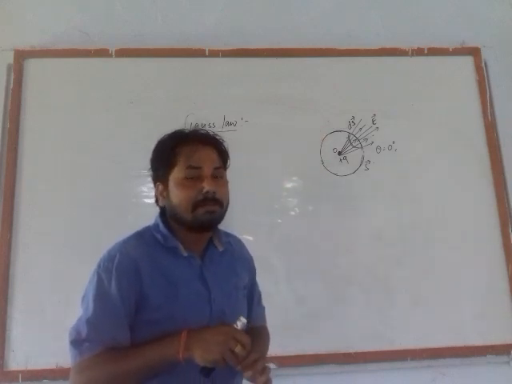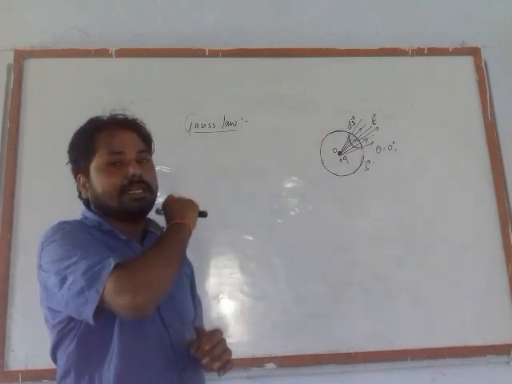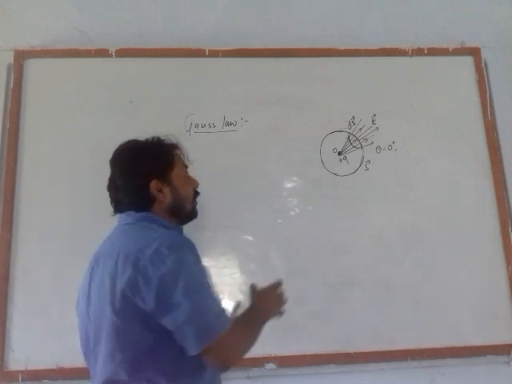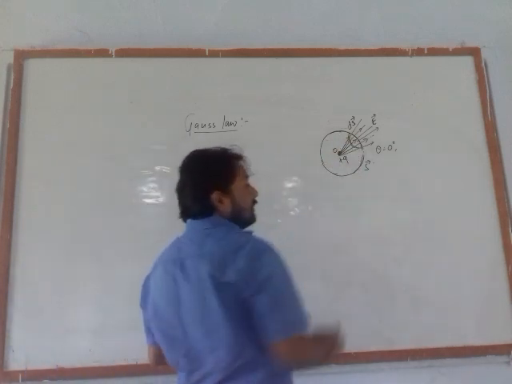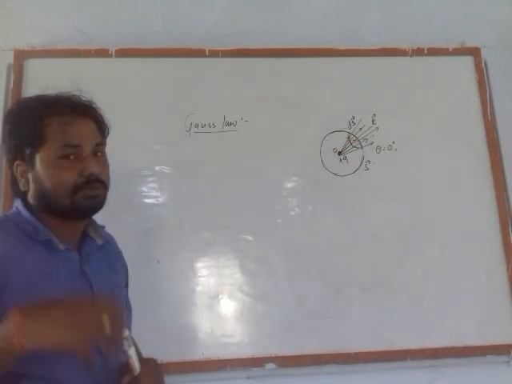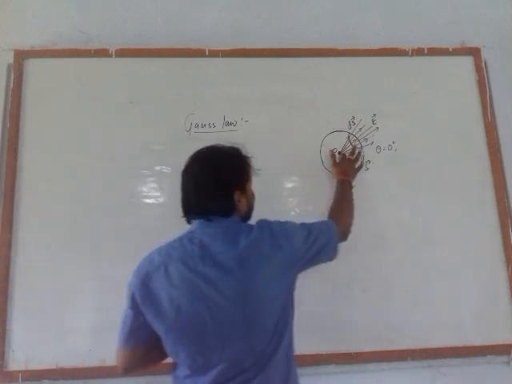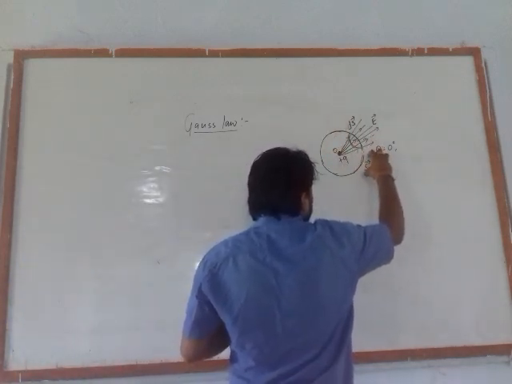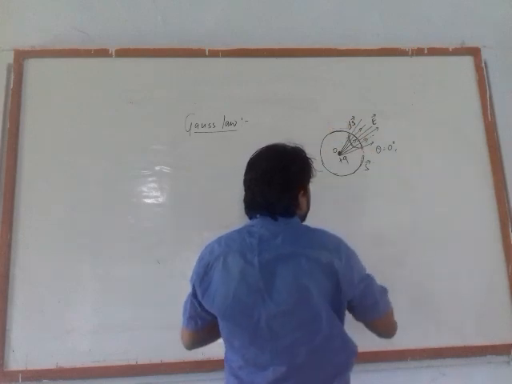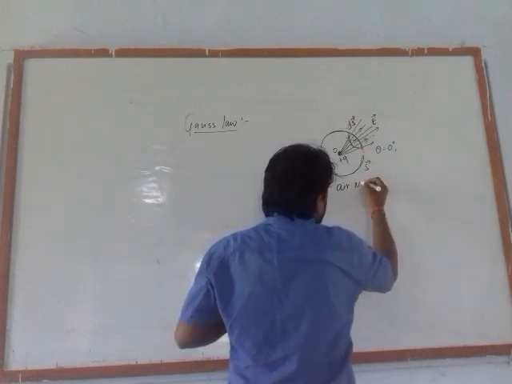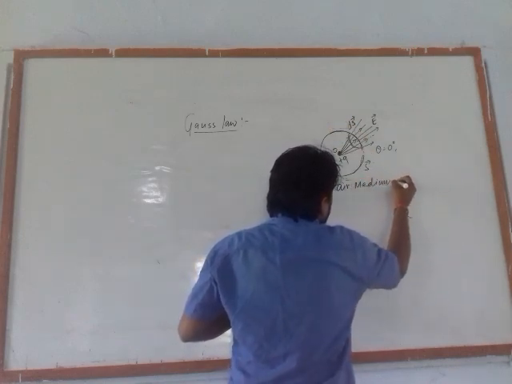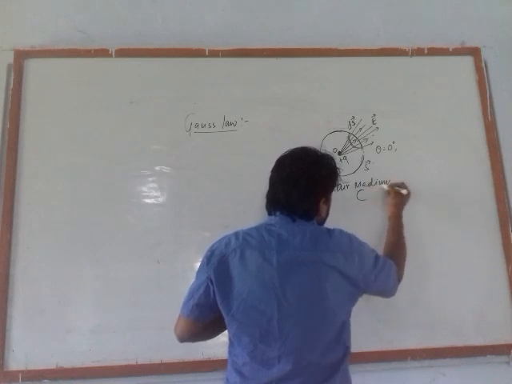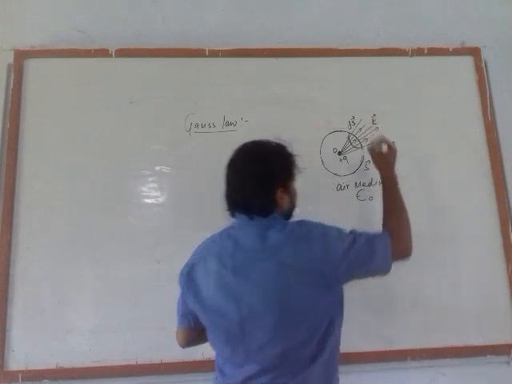Epsilon naught is once again the role of the medium. Whatever medium you are choosing, that medium's permittivity we have to write. Suppose this charge is surrounded by this surface having surface area S, and it is kept in an air medium. Then the permittivity of the air medium we are choosing is epsilon naught.